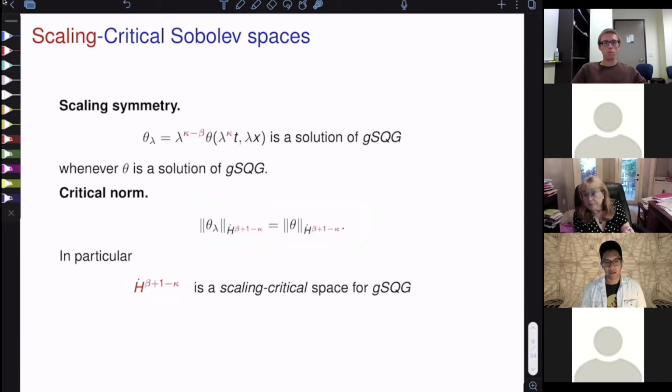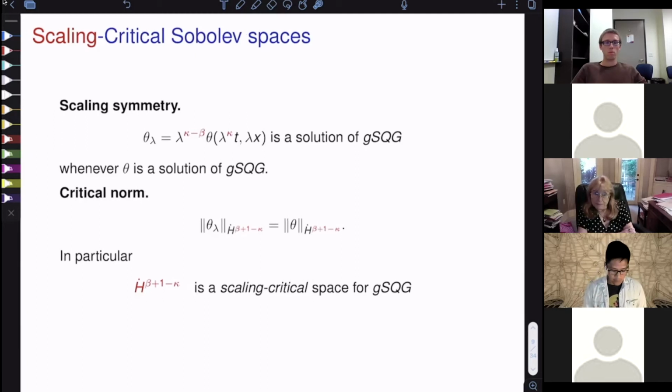In some sense, this is the lowest regularity setting in which you'd expect to have a well-posedness result, because if you're working in regularity just above beta plus 1 minus kappa, then the scaling will help you. For instance, if you rescale and you zoom into smaller scales, you can enter a small data regime.